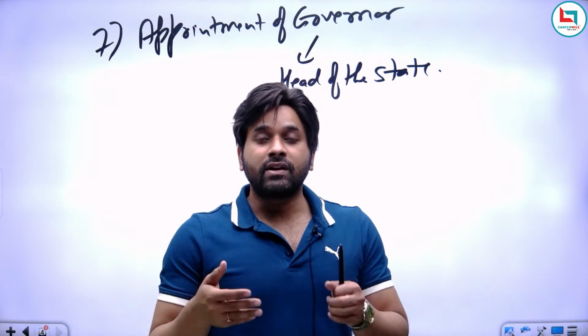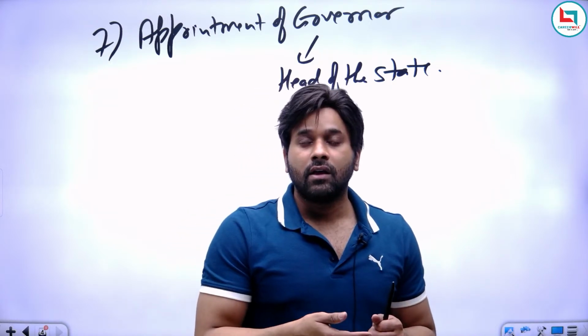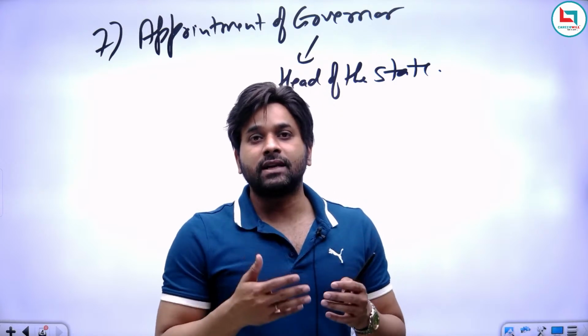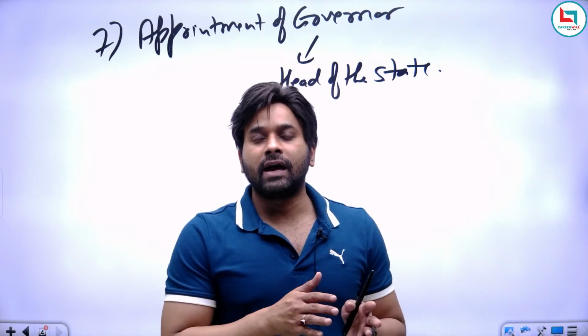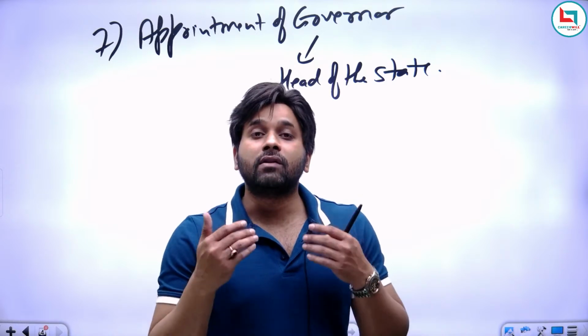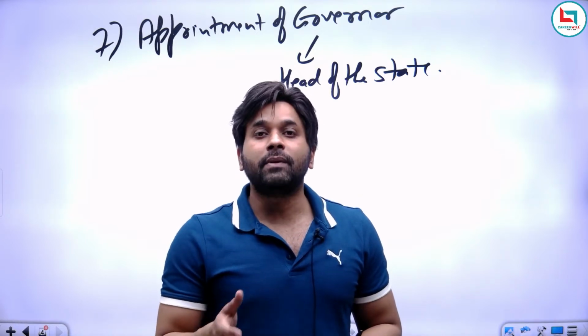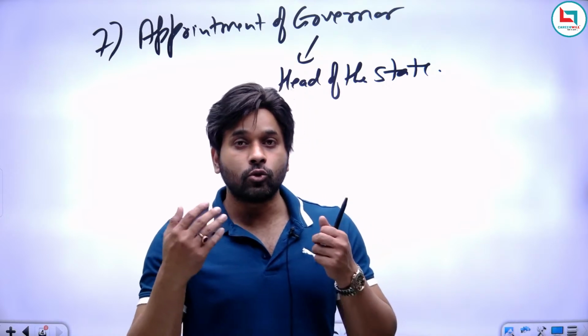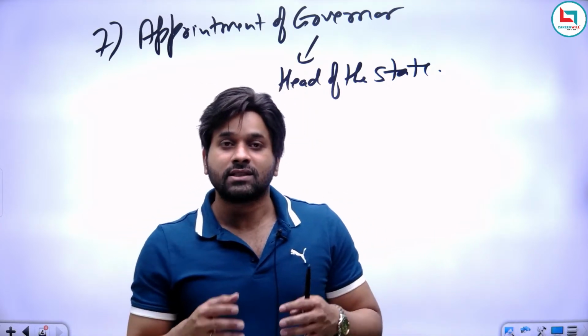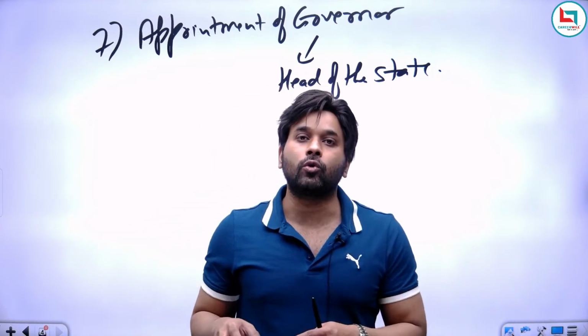The governor is the head of the state, so what the president does at the center, the same thing is done by the governor at the level of a state. But the governor is appointed by the president, so ultimately he is under the control of the president, that is the central government. So it is through the governor that the center somehow tries to exercise control over the state.